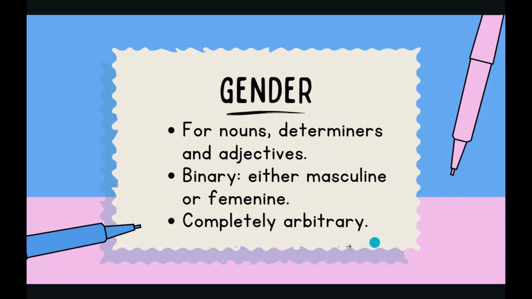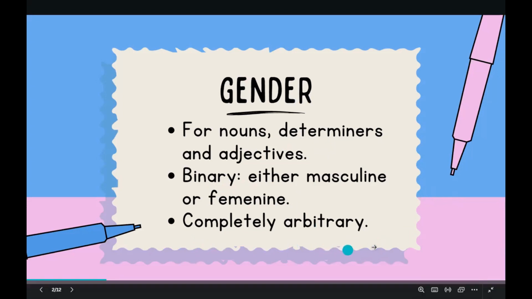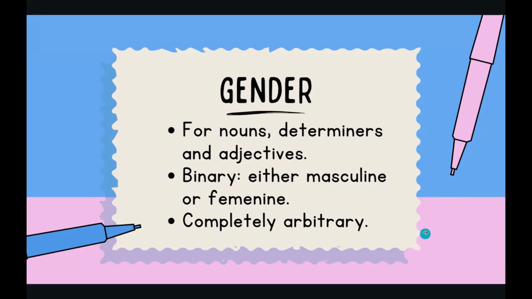Plus, it's also completely arbitrary, as you may remember from the examples I told you during our lessons. In Spanish, the word for Christmas, which is Navidad, is feminine. Now, my question is, is there something inherently feminine when it comes to Christmas? Not really, right? Gender is just a mere convention and agreement between speakers.